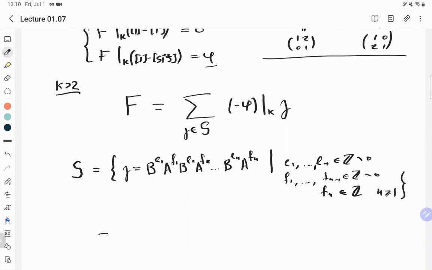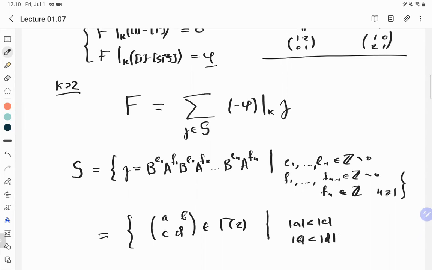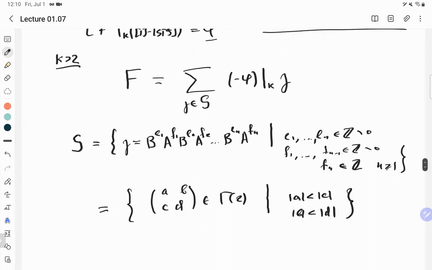But the nice thing is this set of matrices you actually can describe by inequalities. So it's matrices A, B, C, D in the group gamma 2, such that, let me do it correctly, the absolute value of A is less than the absolute value of C, and the absolute value of D is less than the absolute value of D. So both claims are not a very difficult exercise about 2x2 matrices.